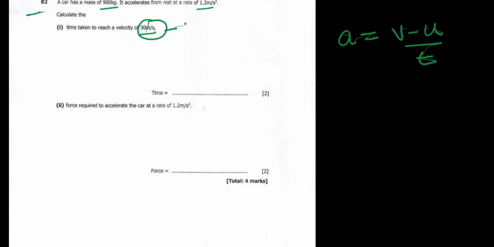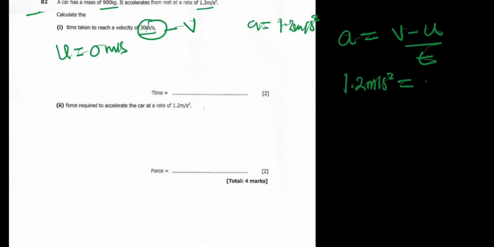So this is actually the final velocity. This is the value of v. For the initial velocity, this car started from rest. So the initial velocity has to be 0 meters per second. So let's go ahead and plug in these values, because we have the acceleration of 1.2 meters per second squared.